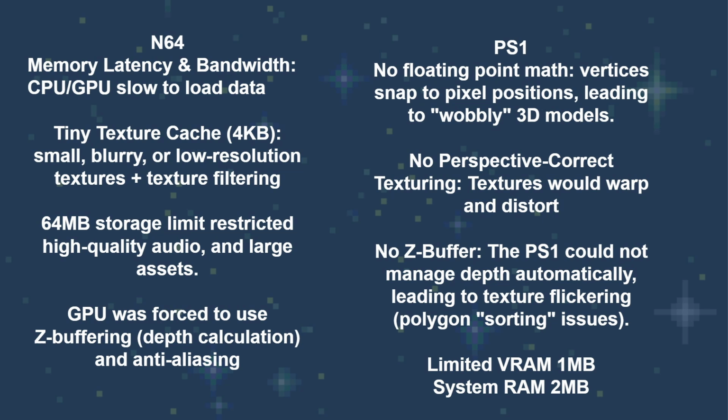The PlayStation 1, on the other hand, had a lot of the opposite problems. So the PlayStation 1 had these huge CD-ROM discs that gave them a lot of memory to work with, but they also had things like no floating point math, which means the vertices, the points in the geometry, they essentially snap really awkwardly, which creates a very iconic sort of animation.